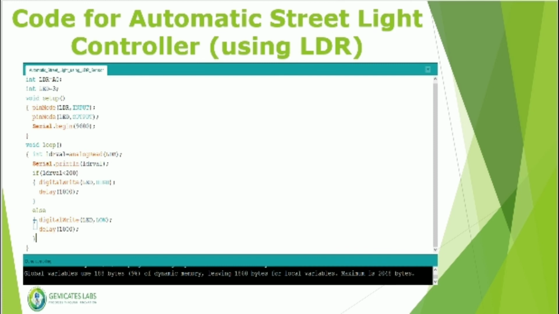Analog read is a function used to read the values from the specified analog pin. In if statement, given condition as if LDR value is less than 200, and if this condition is true, LED will start glowing. If this condition is false, the else part will be executed and LED stops glowing.